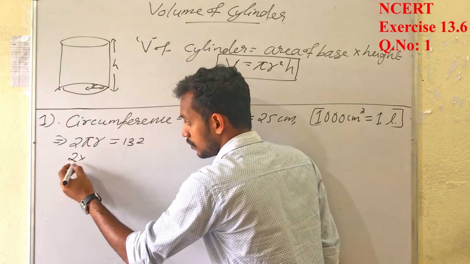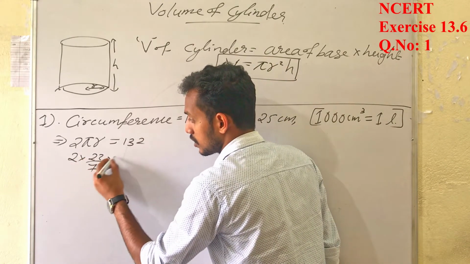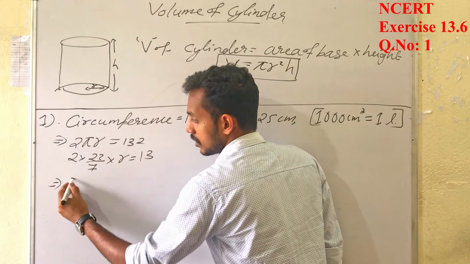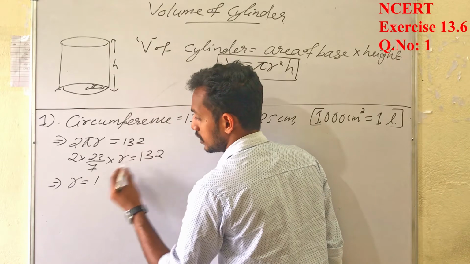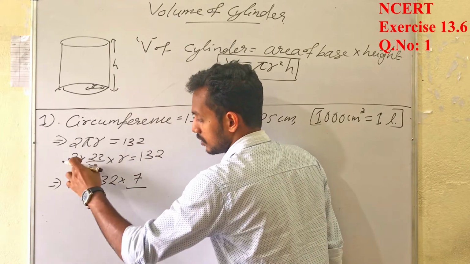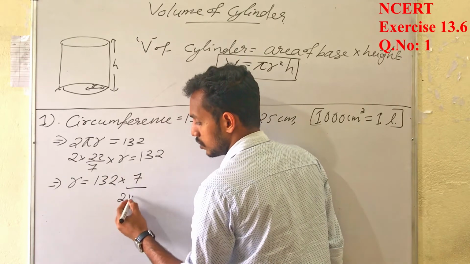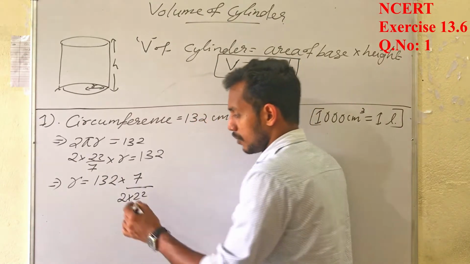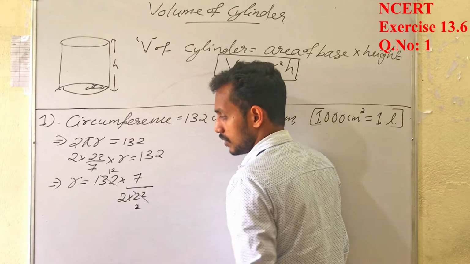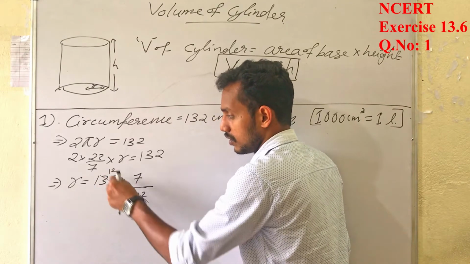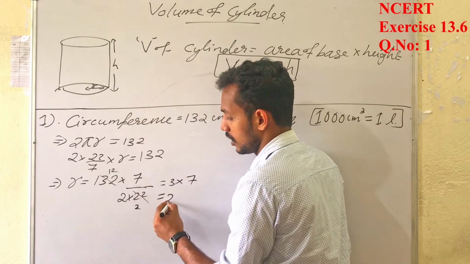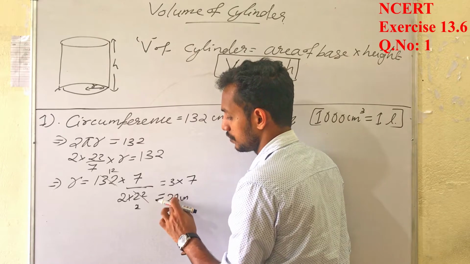That is 2 into 22 by 7 into radius is equal to 132. Implies radius is equal to 132 into 7 on the numerator, 2 and 22 on the denominator. Cancel with 11, you will get 12. 2 into 2 is 4. 12 by 4 is equal to 3 into 7, which is equal to 21 centimeter.